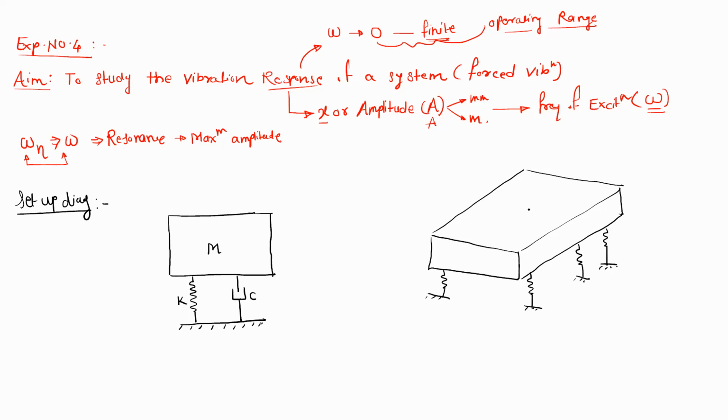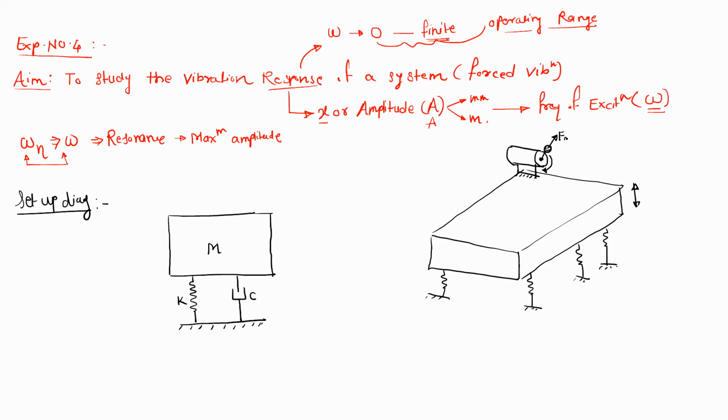Like this. For the forced vibration, that means in order to provide the external frequency, we connect a motor having an eccentric mass. Suppose this is the motor which is connected to this platform, and this motor carries some eccentric mass. When it rotates, it will create some centrifugal force.